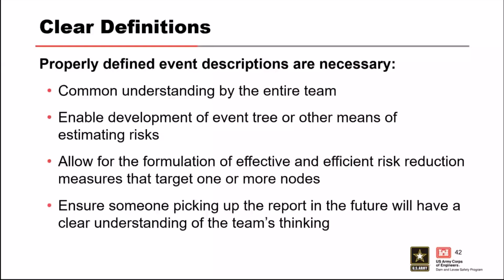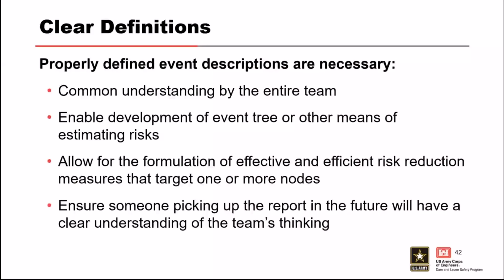Oftentimes, ill-defined event descriptions for potential failure modes leave room for individual interpretation by different members of the same risk assessment team, and this often results in confusion and misunderstanding. If all the members of the risk assessment team aren't on the same page when evaluating a failure mode, then the elicitation results and the risk estimate are not going to be consistent. They're not going to be representative of the failure mode that's being evaluated.